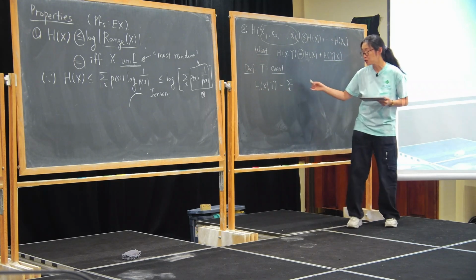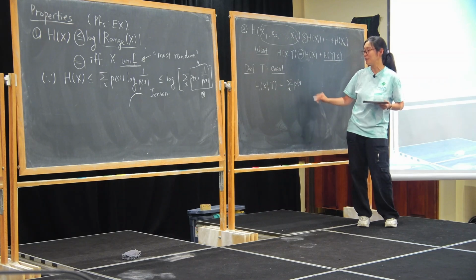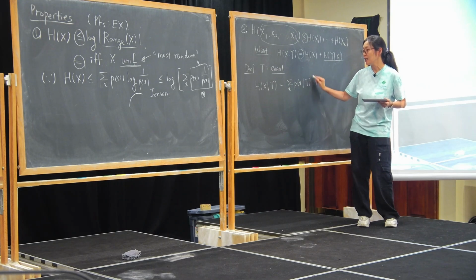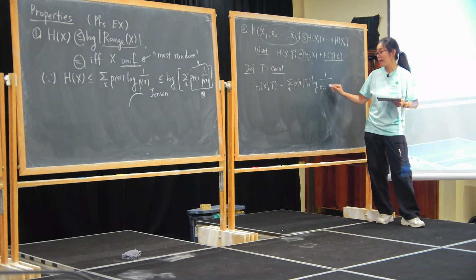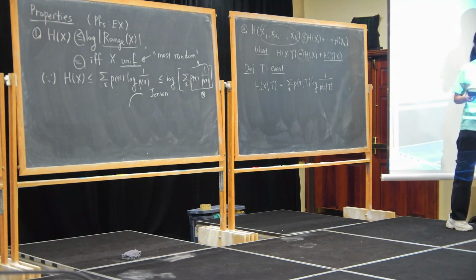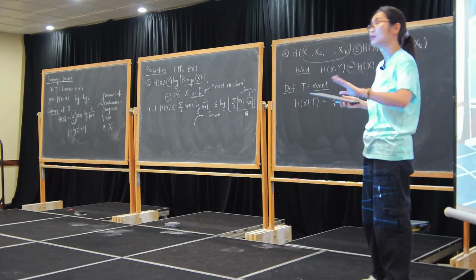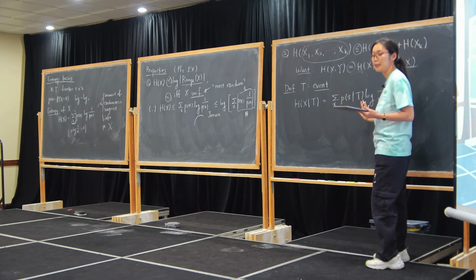So this is a very natural definition. This is the summation over x of the conditional probability of X given the event T, times log 1 over the conditional probability of X given T. Okay, so I believe this is natural.